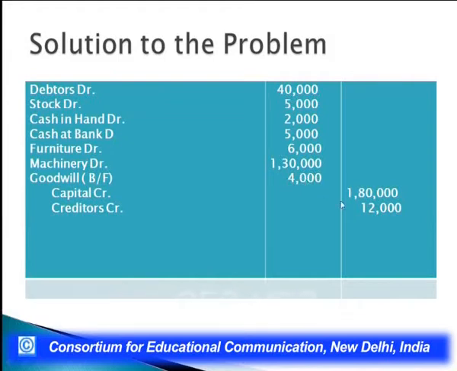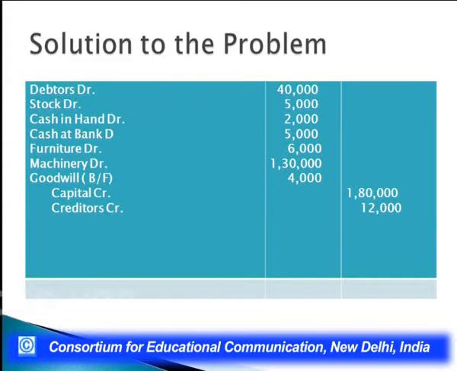So the difference of 192, here the credit value is 192, 180 plus 12. So 192 minus the total 188, the difference is the 4,000 and that is the value of goodwill. So this is known as calculating or finding out the balancing figure. So this is the goodwill which is generated.